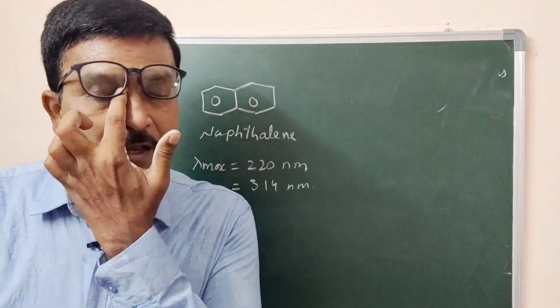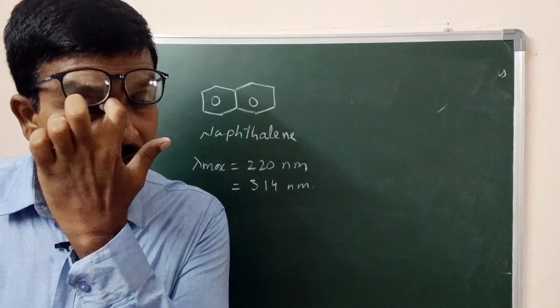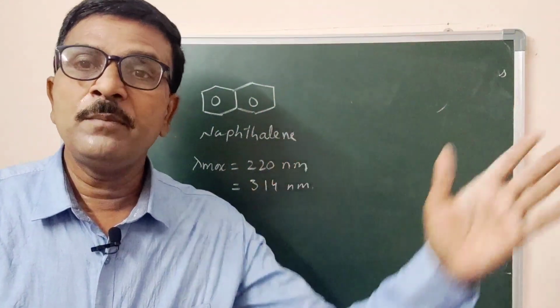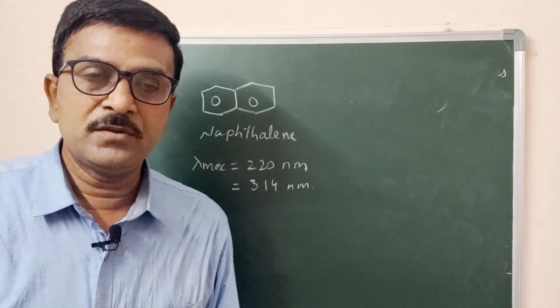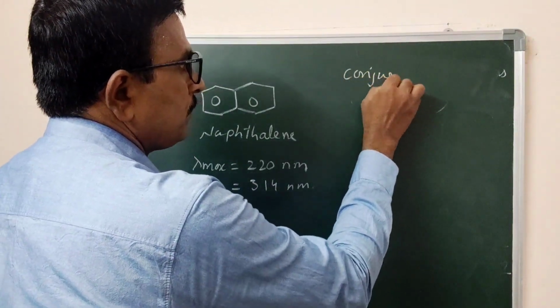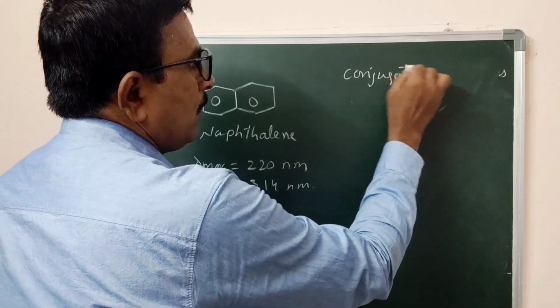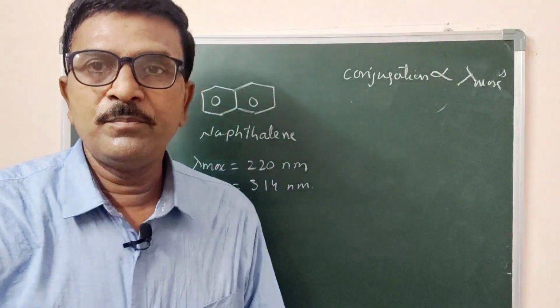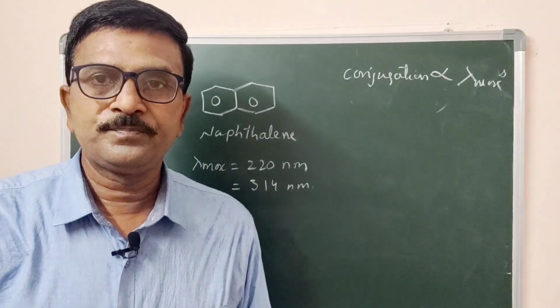Now, in the case of polynuclear aromatic hydrocarbons, as conjugation increases, the absorption maxima also increases, the wavelength of absorption also increases.